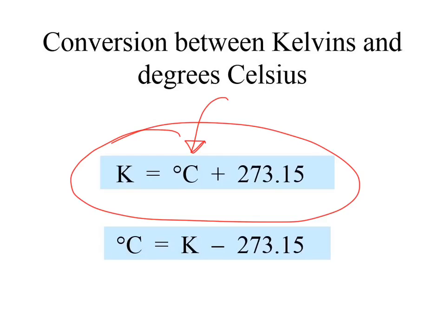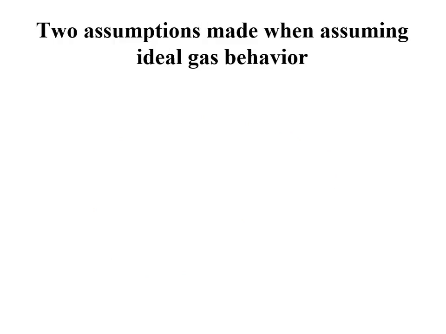Now, we don't talk about degrees Kelvin, we just talk about Kelvin units. And there's a reason for that. I can't think of it right now. And if we want to go back from Kelvin to Celsius, we subtract 273.15. And I always have to concentrate, is it add or subtract? So if you're like me, you might be like that too.